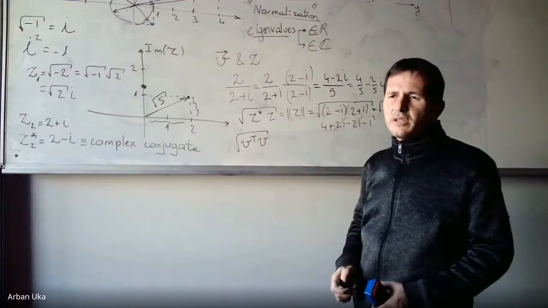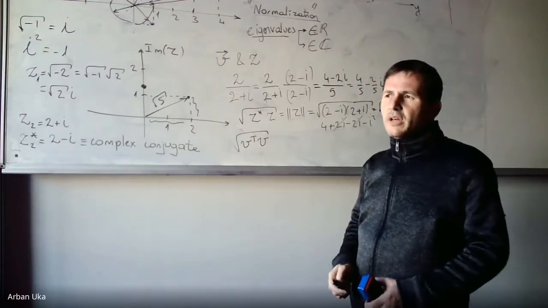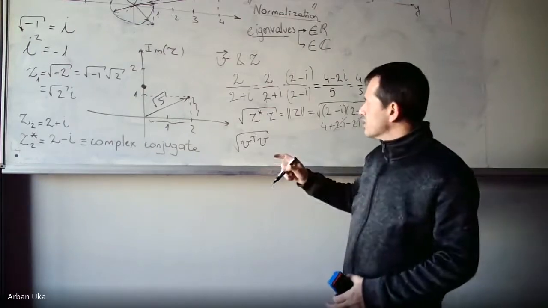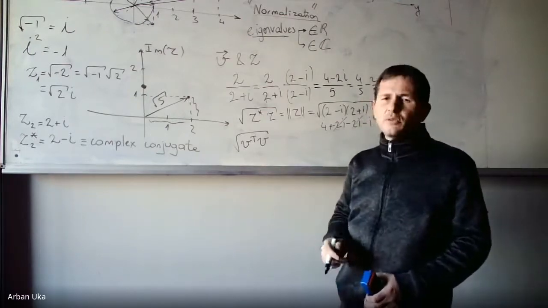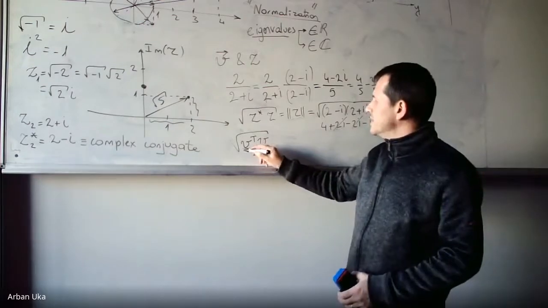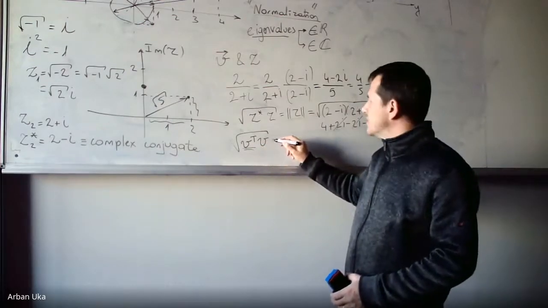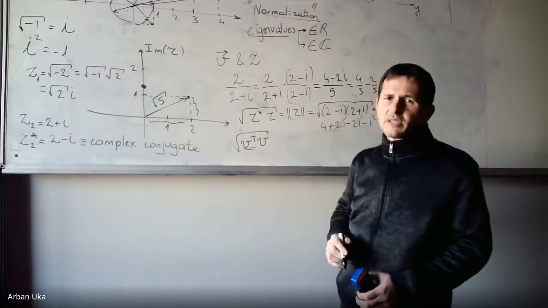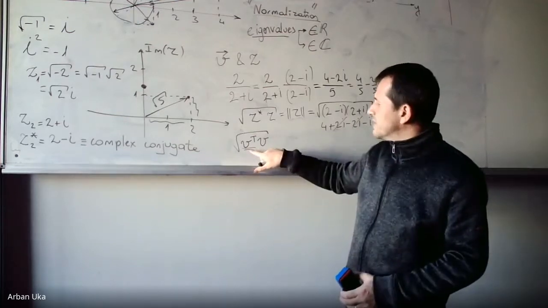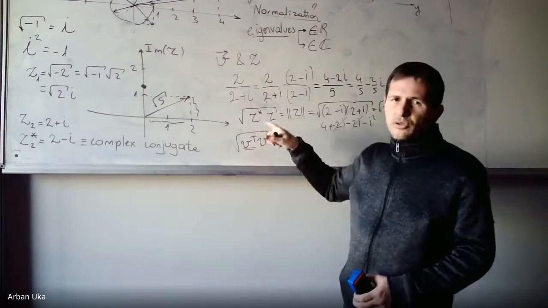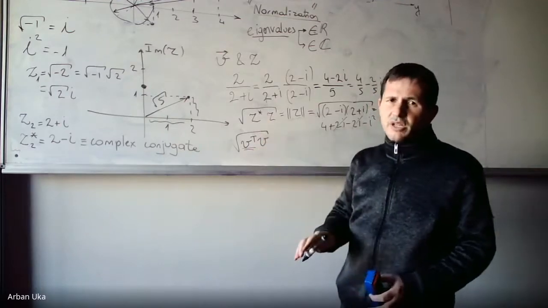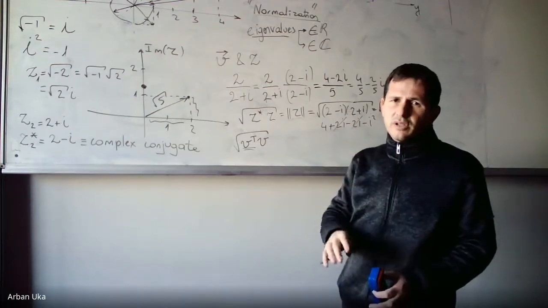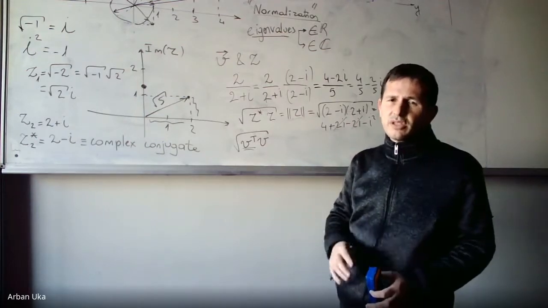For example, in analysis of quantum systems, often the probability of a specific state is equal to V transpose times V. But this V can include complex numbers, and in this higher level of mathematics, you do both at the same time. You take the transpose and also the complex conjugate. If all the numbers are real numbers, the complex conjugate of real numbers is equal to that number, so nothing changes.